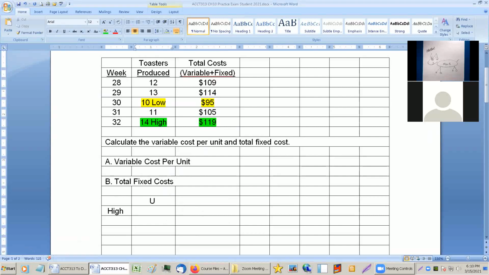All right, so we have units and total cost. The high was 14 units, and the total cost is 119.